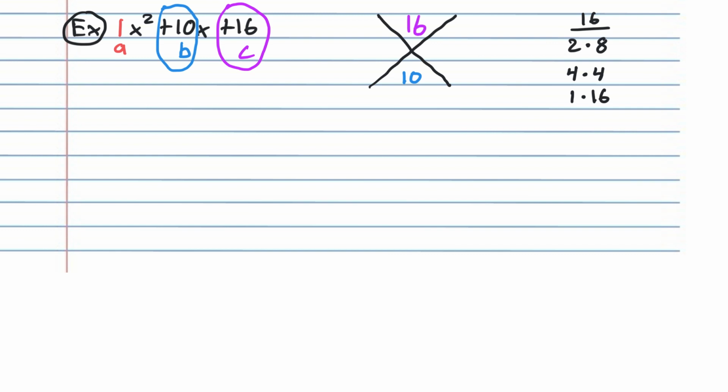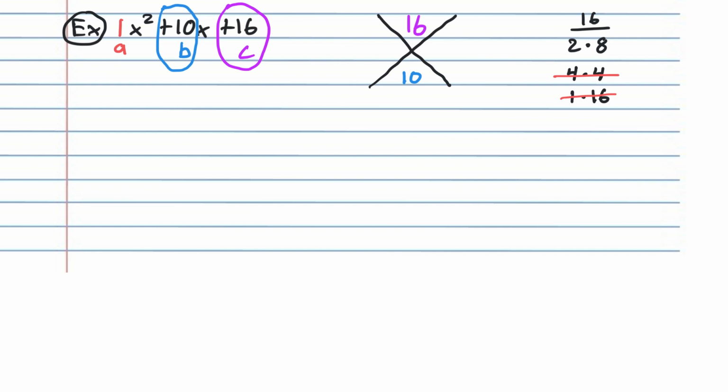Okay, well, 4 and 4 makes 8, so that doesn't work. So this is out. And 1 plus 16 gives you 17, so that's out. Okay, so this is a way you can figure out what two numbers work, is you make a list of all the ways you can multiply to that C value, and then take a second look at that list and figure out, okay, which one of these groups of numbers adds to the B value.